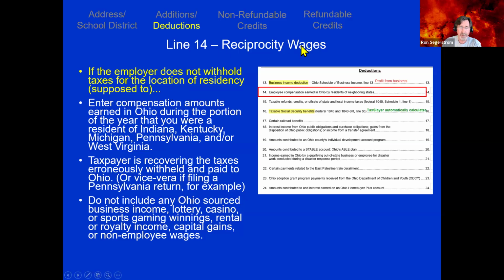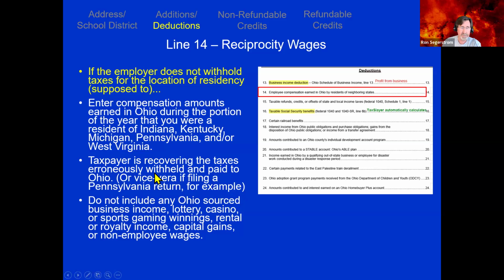Another is reciprocity rate wages. If somebody is out of state and they filed, and their employer mistakenly withheld taxes in Ohio, we can basically use this portion when filing an Ohio tax return to deduct the amount that was improperly withheld and sent to the state of Ohio, from somebody like in Pennsylvania or whatever.